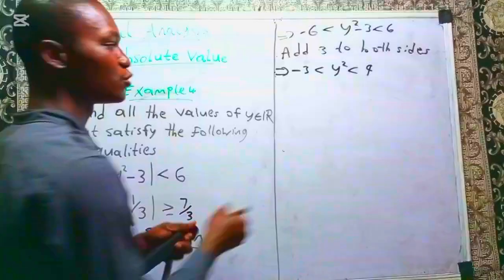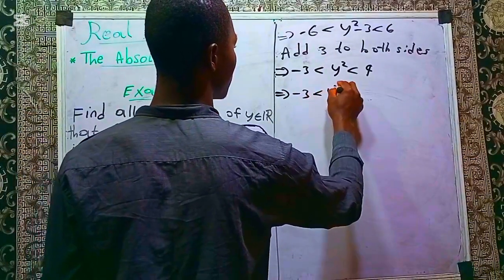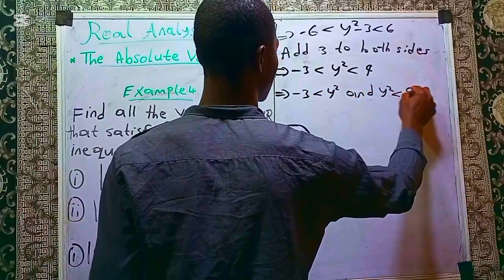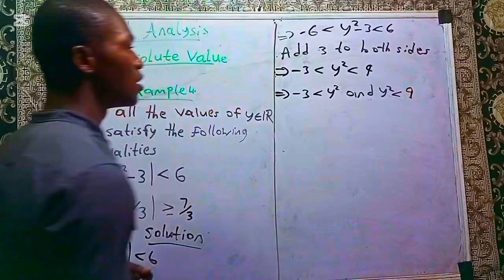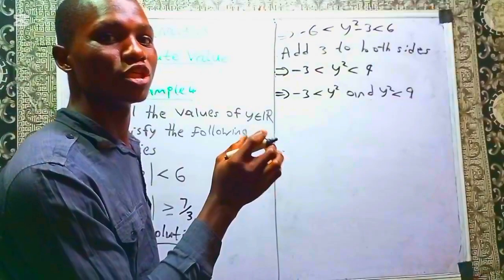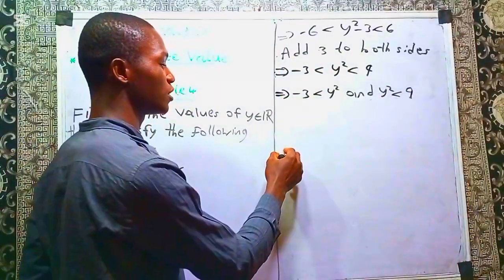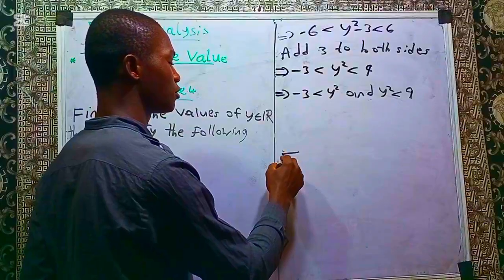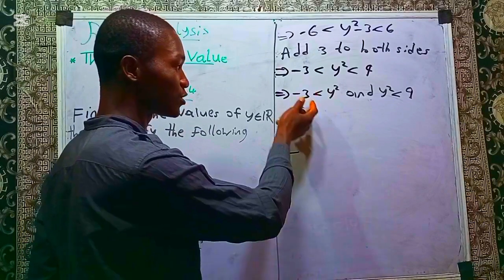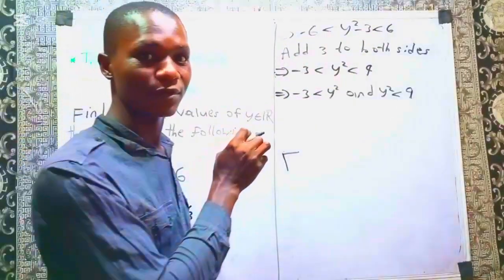We can break the inequality into 2, right? This implies that negative 3 will be less than y squared, and y squared less than 9. But in this first one, if you take the square root of both sides, you'll be having the square root of negative 3, right?